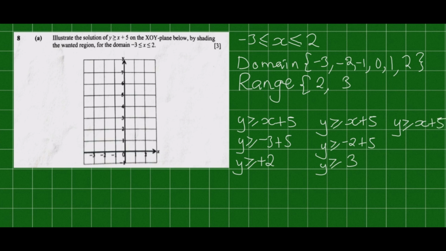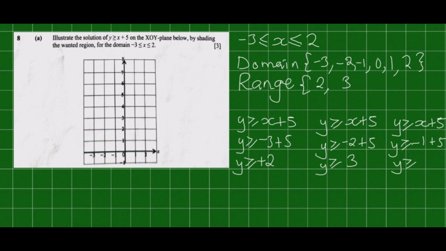Once we've done that, we write y is greater than or equal to, the value of x is -1, then plus 5. Then we write y is greater than or equal to, then which number is bigger between -1 and 5?